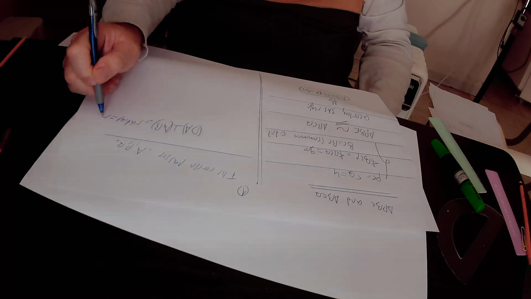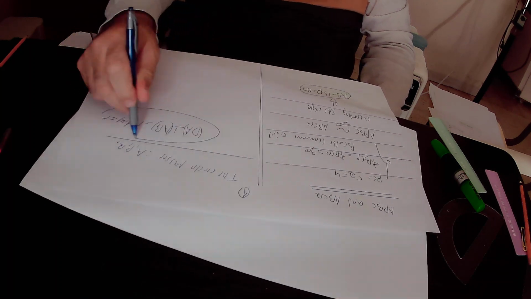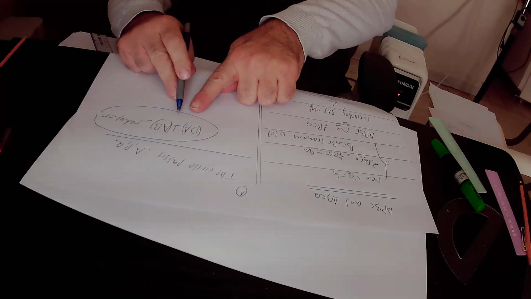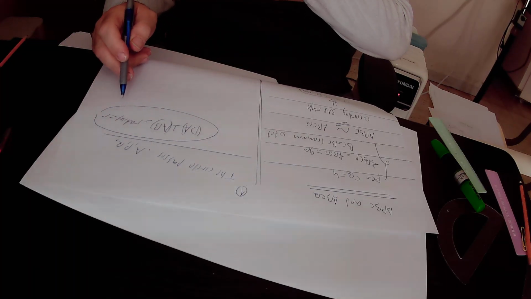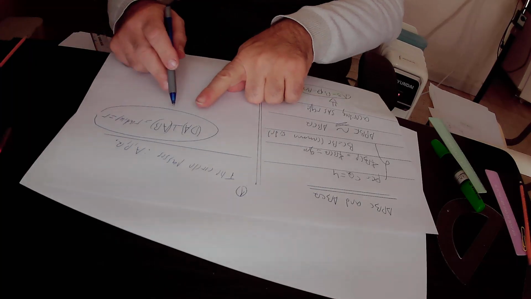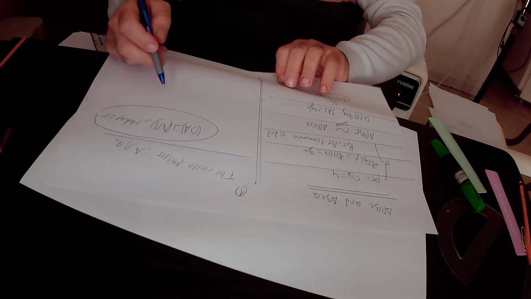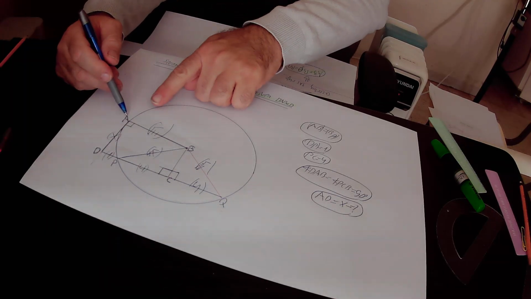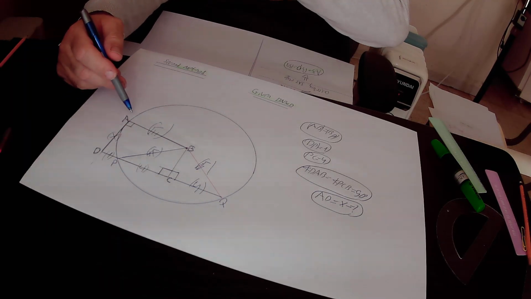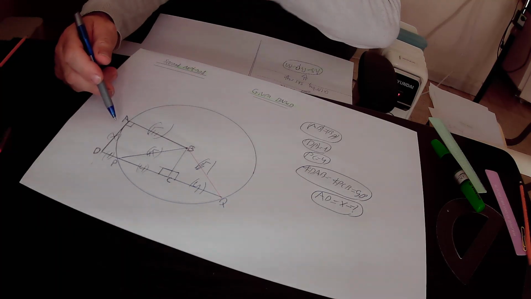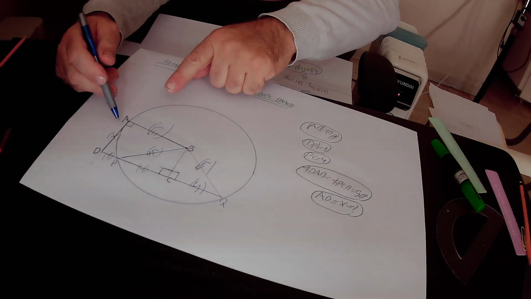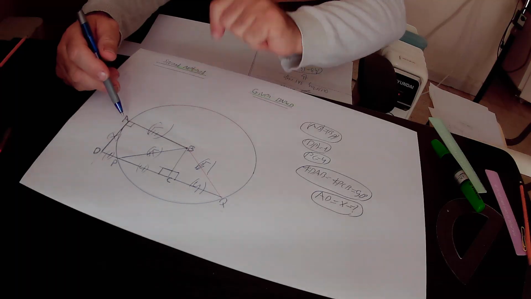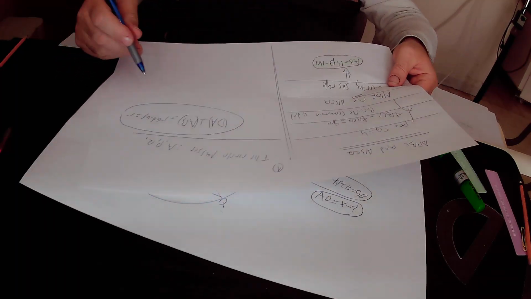AB is the radius of the circle, equal to R. So in total, we found out that DA is perpendicular to the radius R of the circle. DA is perpendicular to AB, that is the radius of the circle. And therefore DA is a tangent to this circle at point A. So write it down.